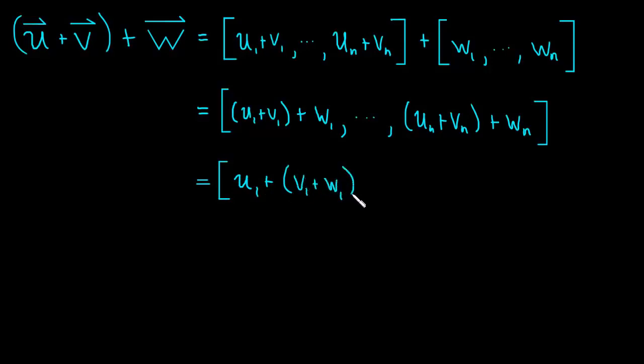Remember, these components are just real numbers, so the associative property of addition holds. Okay, and we'll do that all the way through all of these components. And we're almost done.